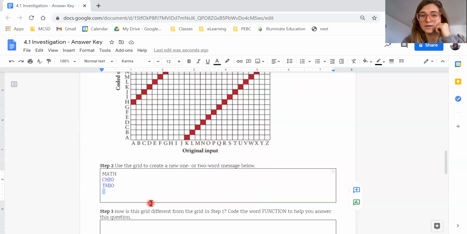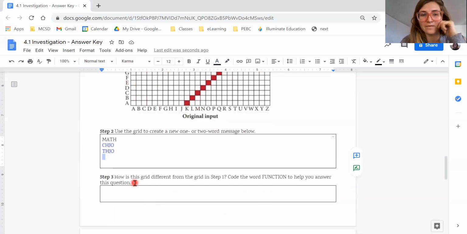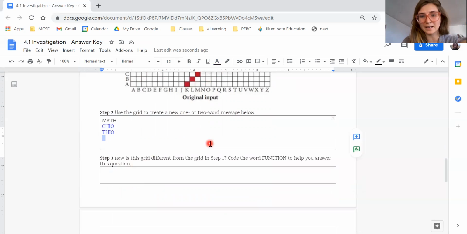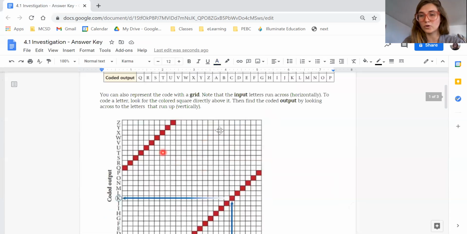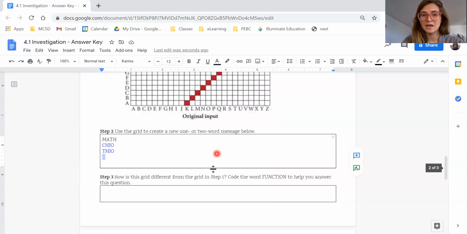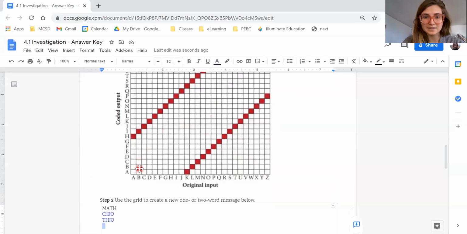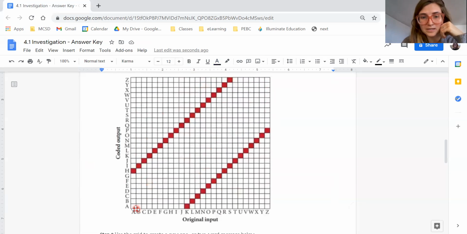So again, now it's asking us in step 3, how is the second grid, this one, how is it different than the grid in step 1? And the difference, again, is some of the inputs in this second grid have multiple outputs.